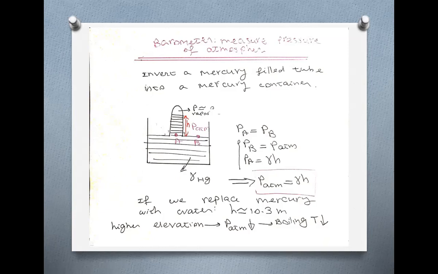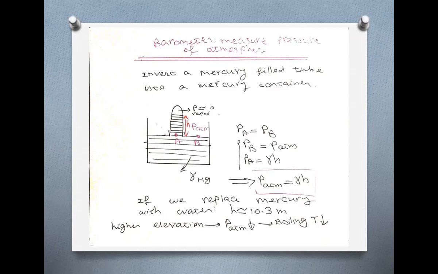But here is the thing: if you use water instead of mercury, this height would be as high as 10.3 meters. That's why we use mercury, which has high density. By the way, if you go higher and higher, for example, if you climb a mountain, you do know that the pressure of the atmosphere decreases because it comes from the weight of the atmosphere, from wherever you are up to the end.